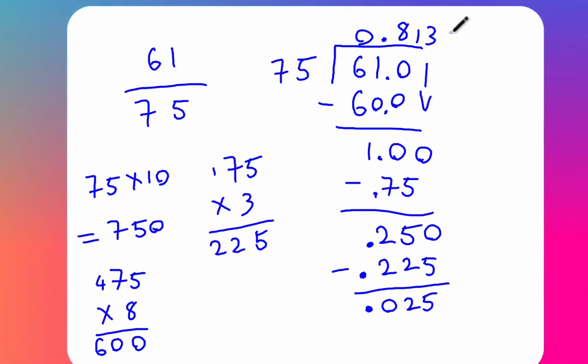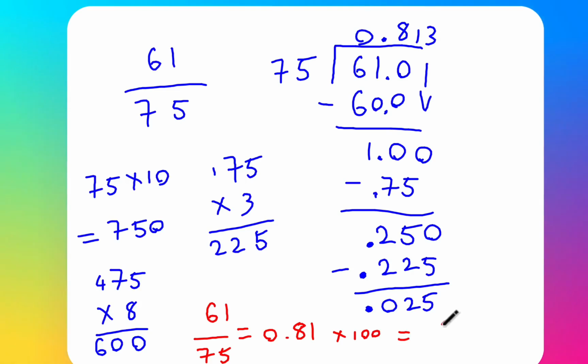I know that that is going to be the decimal that we have, and our decimal is going to be written like so. 61 over 75 equals 0.81. I'm going to leave it like that. And what I can do now is I can just multiply it by 100 to get 81%.